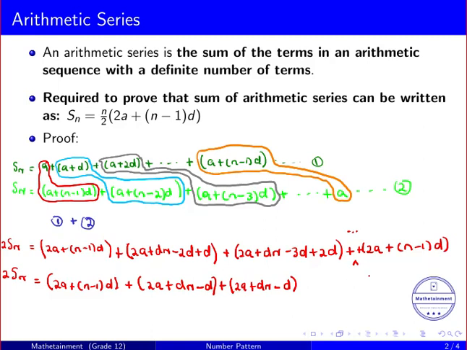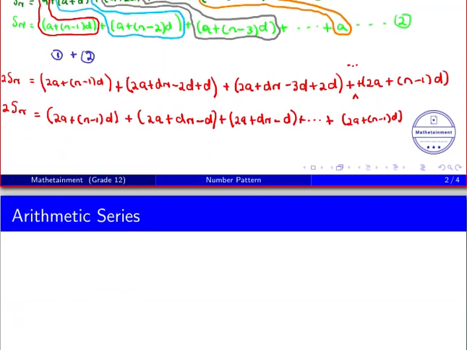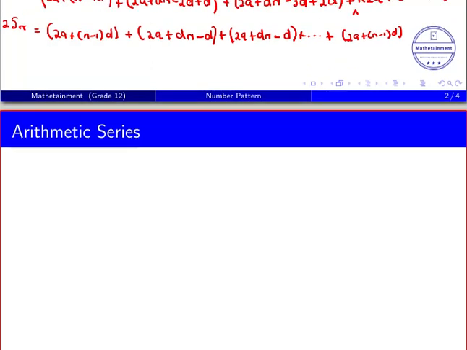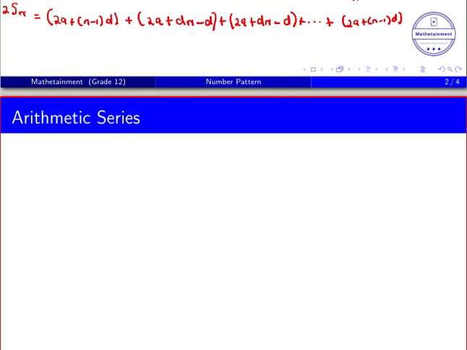So here, plus your 2a plus (n minus 1) times d. Moving forward. Like this.